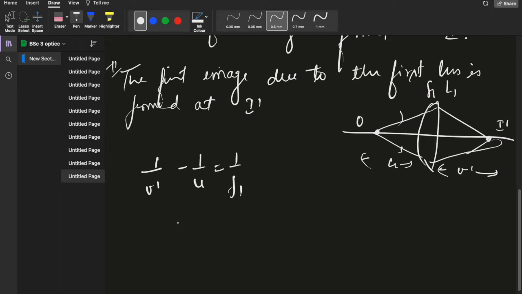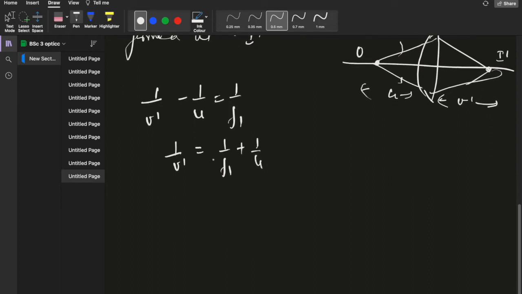Or we can say 1 upon V dash is 1 upon F1 plus 1 upon U, which can be written as 1 upon V dash is equal to (U plus F1) upon F1U, on taking LCM. Say this is equation number 1.